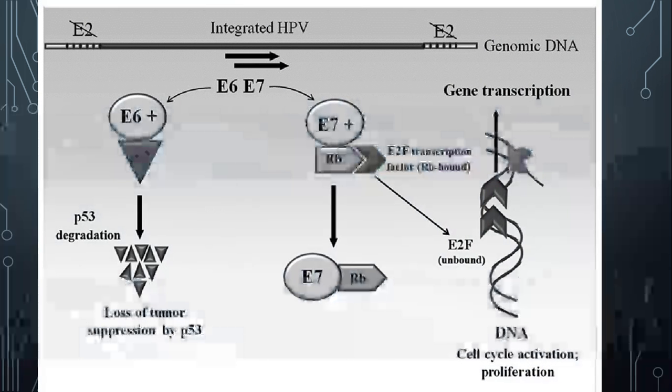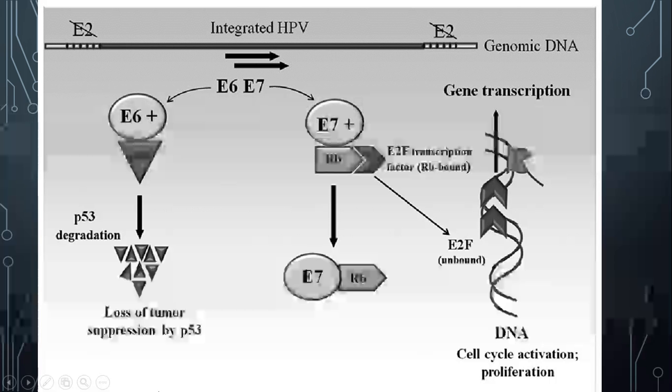How does the E6 protein work? Okay, so I always remember that E6 is the destruction kind of protein and E7 is the preventer. So E6, it slowly degenerates the P53 and suppresses it. So as you can see, there's a difference here.